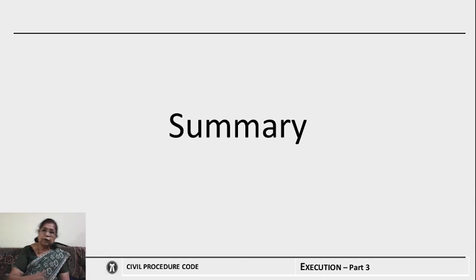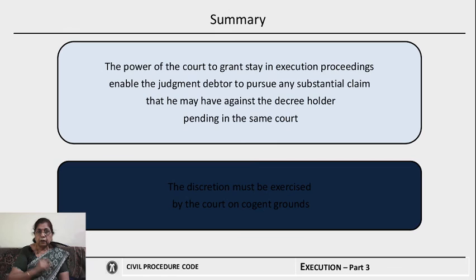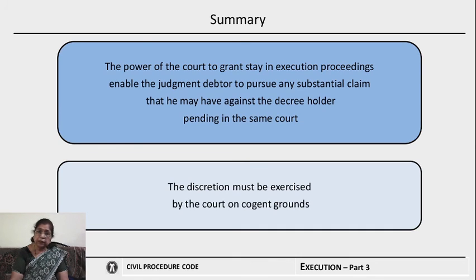So, when we summarize these provisions, we can see that this power of stay of execution enables the judgment debtor to pursue any substantial claim that he may have against the decree holder pending in the same court, and the discretion must be exercised by the court on cogent grounds.